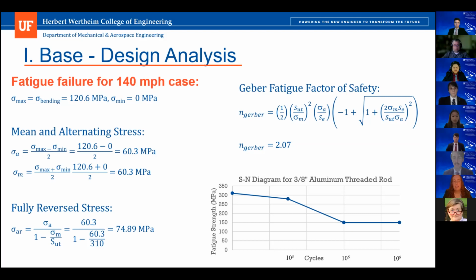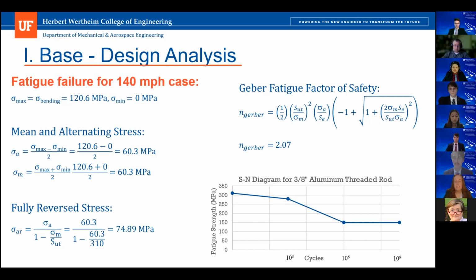And since the threaded rod does not experience a fully reversed stress, this was calculated using the alternating stress, the mean stress, and the ultimate tensile strength of the material. So from here, a fatigue factor of safety was calculated using the Gerber failure criteria, and this was calculated as 2.07.